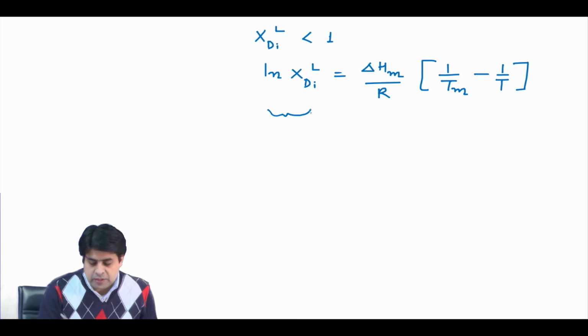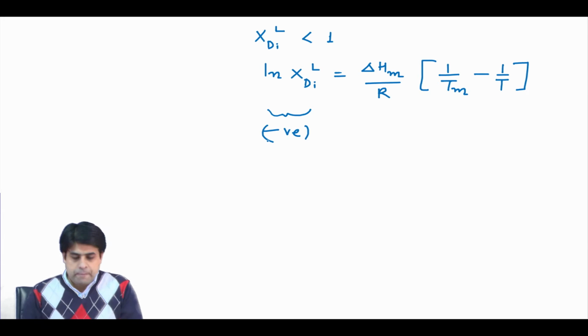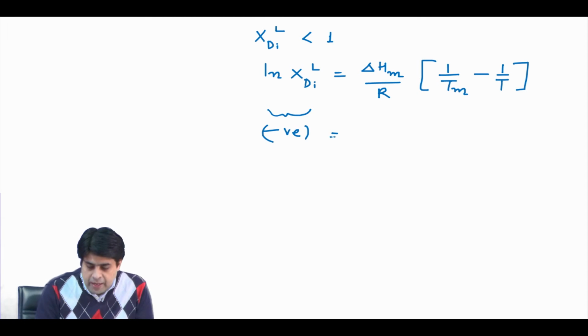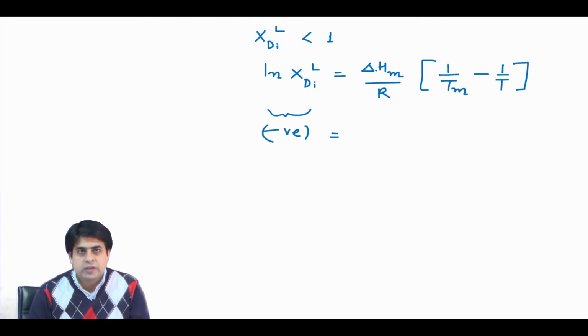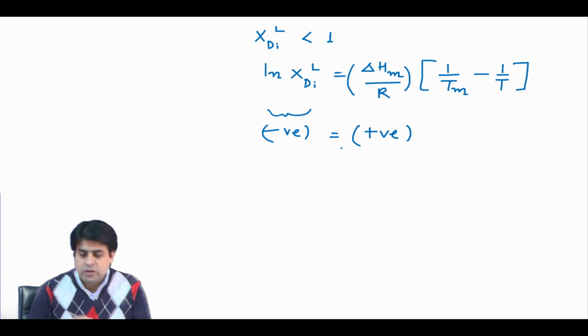it means that this term will be negative, because ln of a number less than 1 is negative. Okay. So, if this term is negative, and you see delta H m by R are both positive terms, so this term is always positive.